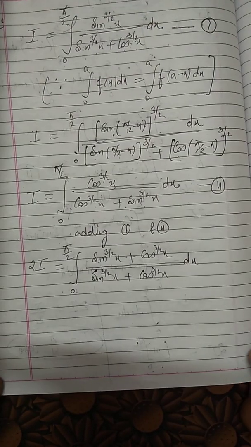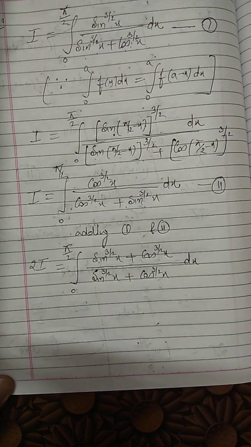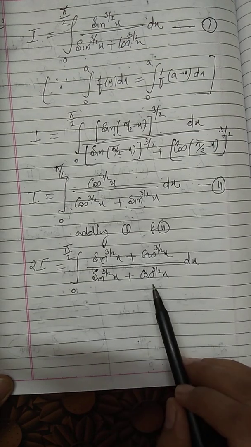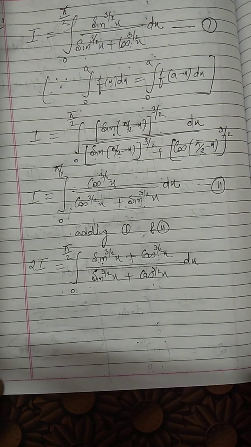Numerator and denominator will get cancelled. In sum number 2, we will get root sin x plus root cos x upon root sin x plus root cos x. Then also it will become 1.